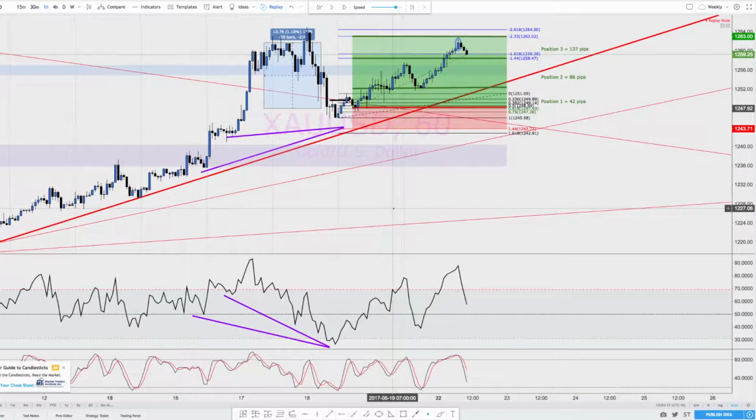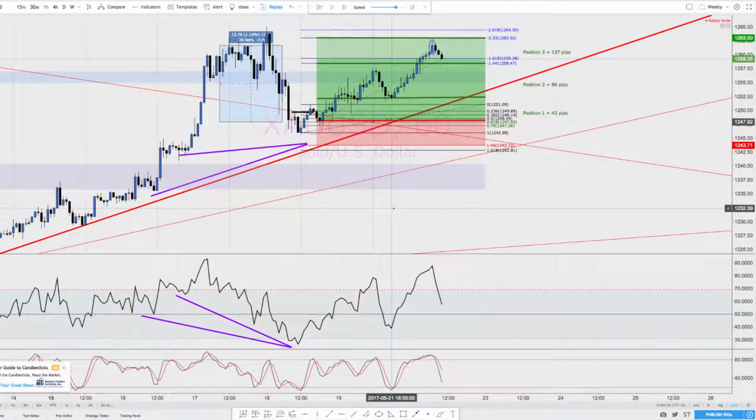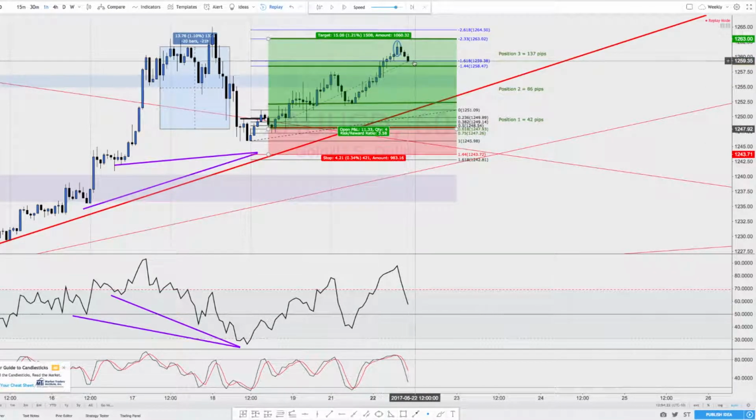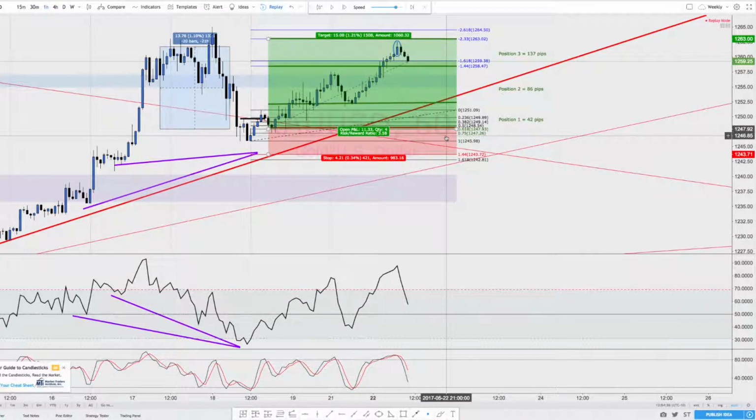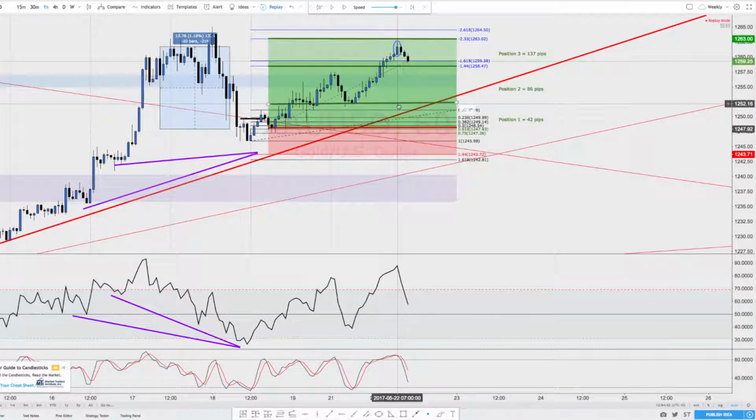It's also above our bullish trend line. We will stay in the trade with position 4 running as long as price is above our bullish trend line and is above 50 level RSI. We are risk-free at a break-even stop, and we are also risk-free at the TP1 level because of our trend line.